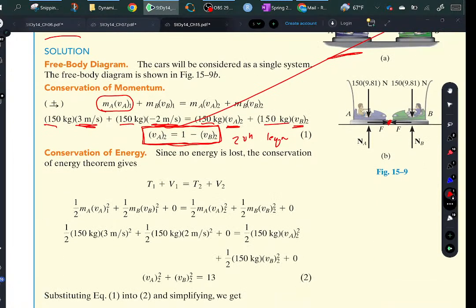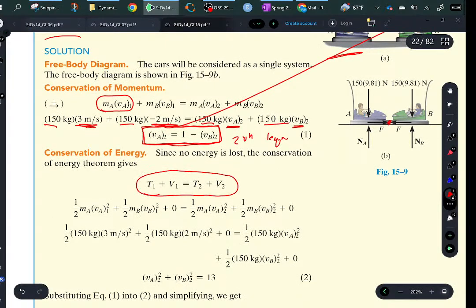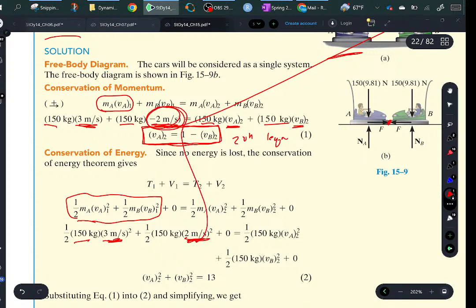So what he's saying here is, hey, lost no energy. What was the energy beforehand? We look at the system. The initial velocities had 150, moving at 3 meters per second. Now notice over here it was a minus up here, but you're squaring it, so it really doesn't matter.